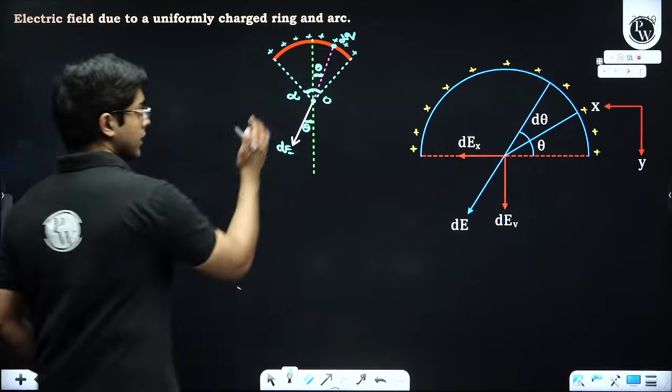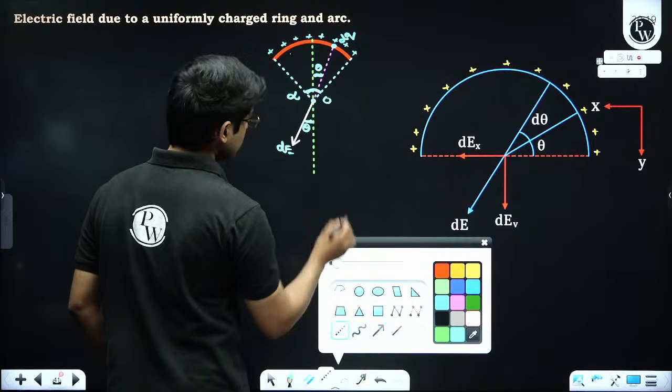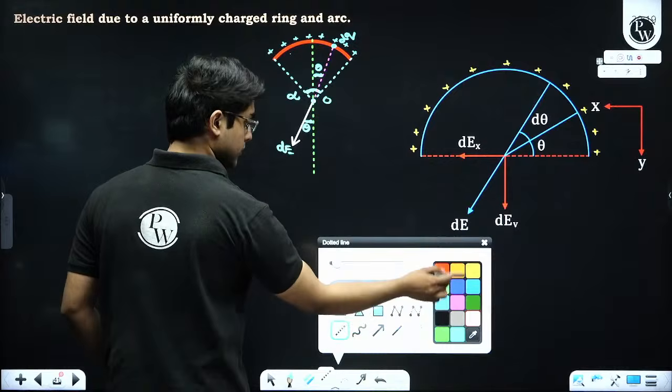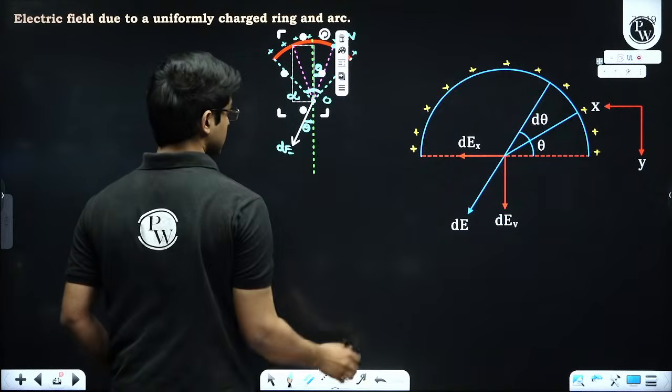Now symmetrically, if I go theta angle on the other side, it will look something like this.